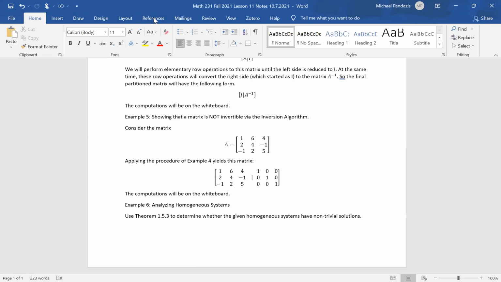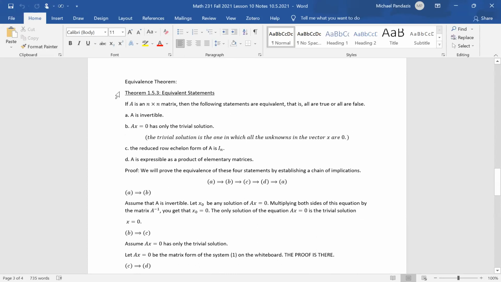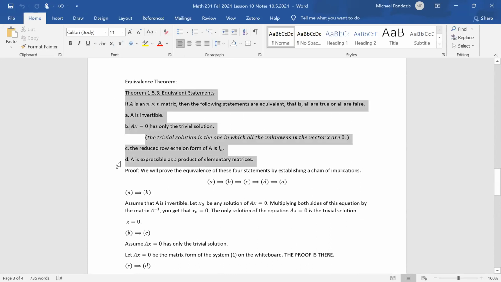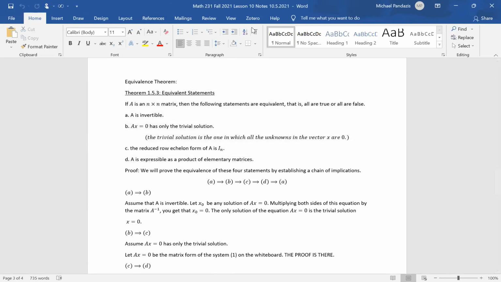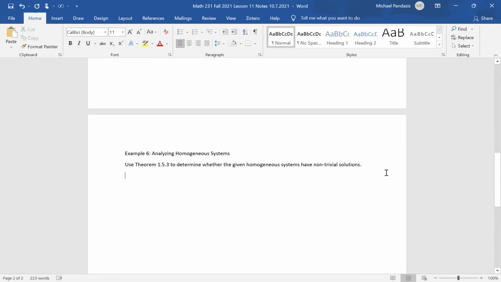Let me remind you. This was the equivalent statements theorem, the one we proved using the chain of deductions. So I'm going to copy it and bring it over here, and bring example 6 on the next page.